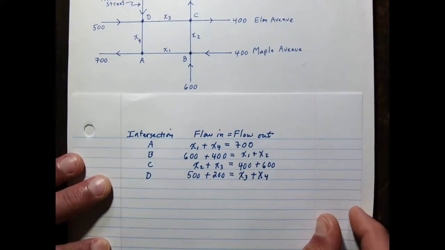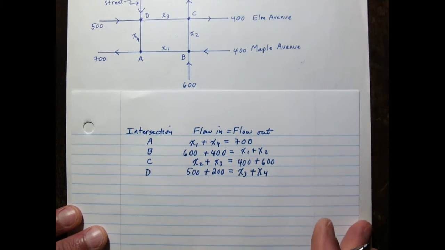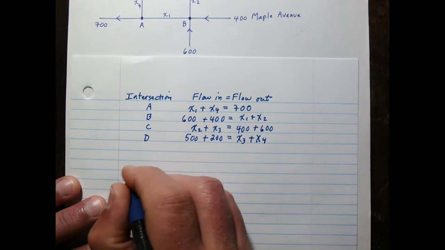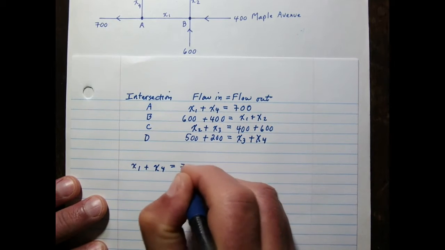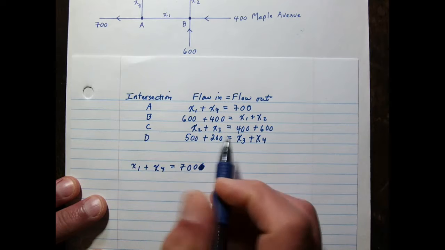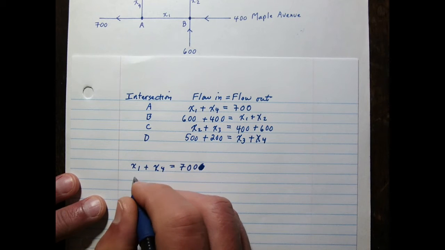So those are our four equations for this system, and these can all be rewritten. The first equation I can rewrite as x1 plus x4 equals 700. Second equation, I'm going to write the variables on the left-hand side to follow our standard setup for a linear system.